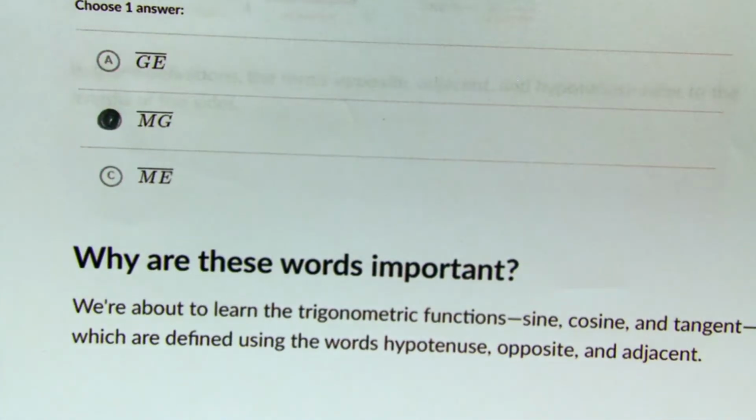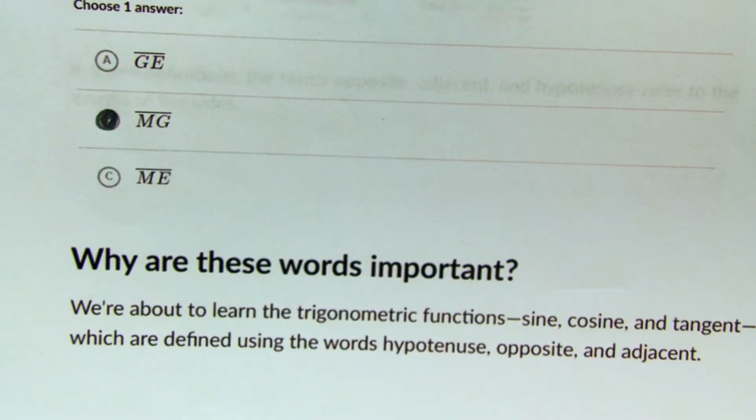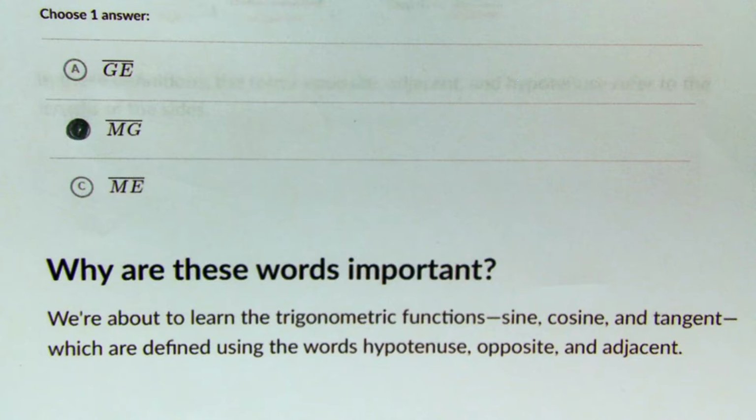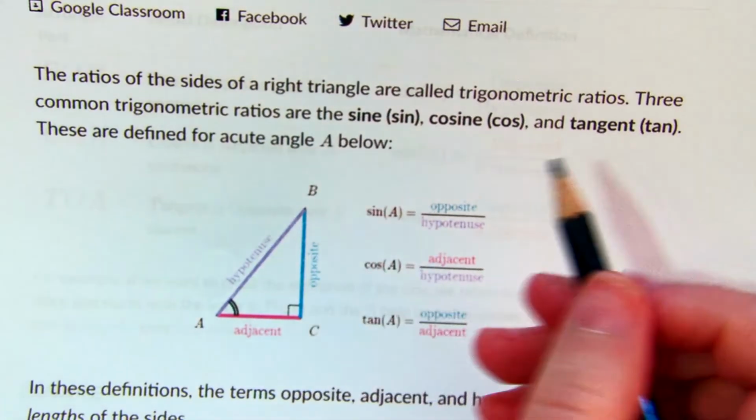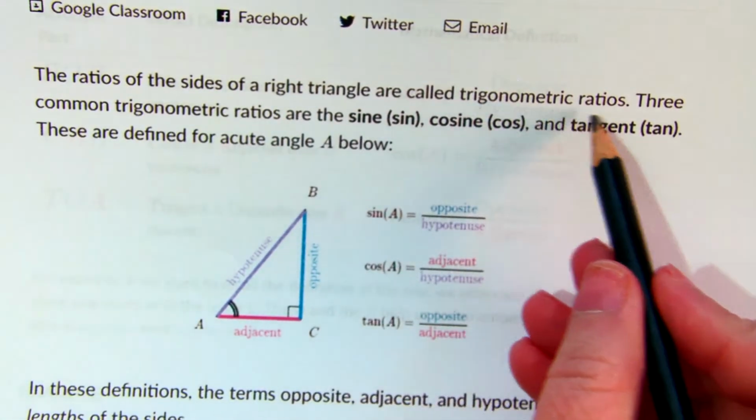Why are these words important? We're about to learn the trigonometric functions sine, cosine, and tangent, which are defined using the words hypotenuse, opposite, and adjacent. The ratios of the sides of the triangles are called trigonometric ratios.